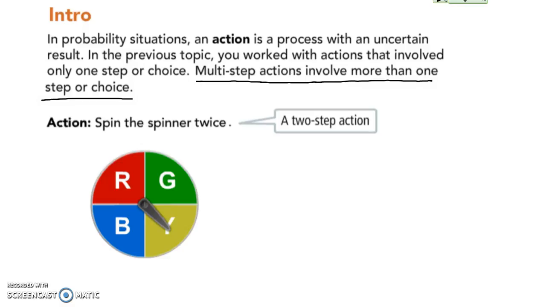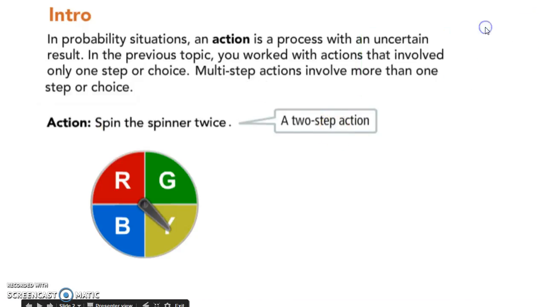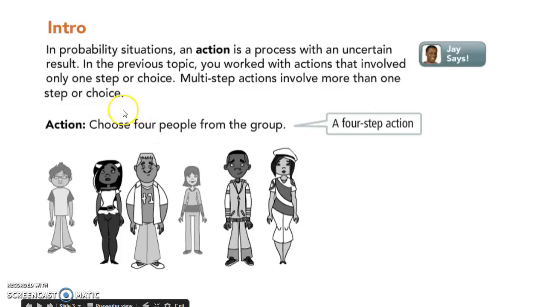Okay. Now let's see what an example of that would be. Spinning the spinner twice. This is a two-step action because we're doing that action 2 times. Here, if I'm going to choose 4 people from this group, action 1, I choose a person. Action 2, I choose another person. Action 3, I choose another person. Action 4, I choose another person.